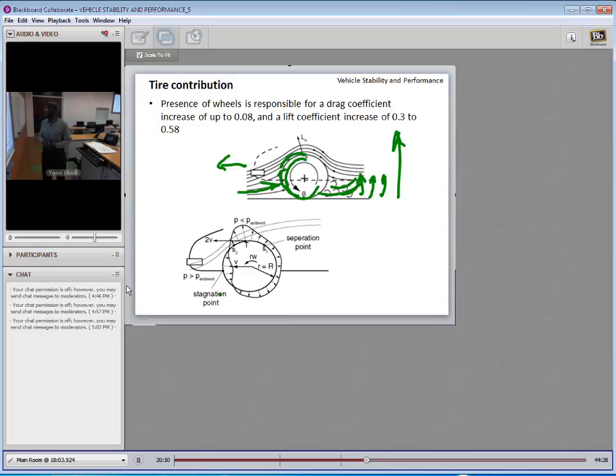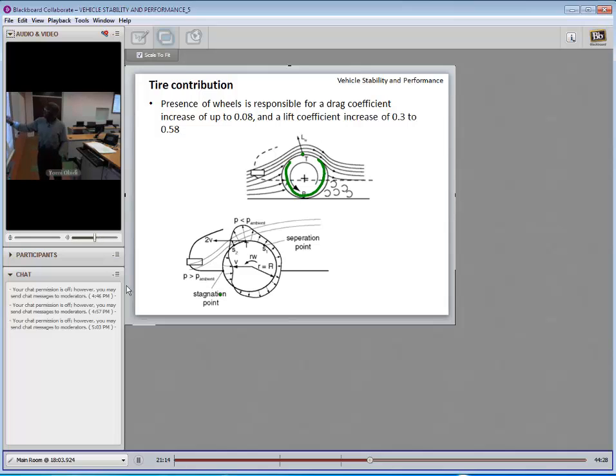That's one of the major ways where the tire is responsible for the increase in lift coefficient. To reduce that, we have to look at a critical design of the tire so that there's little lift that is generated.